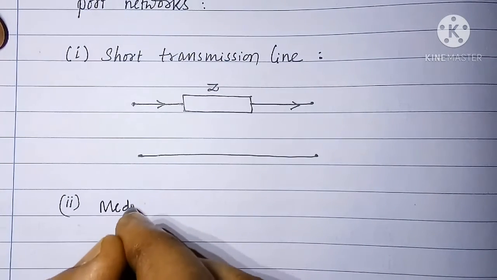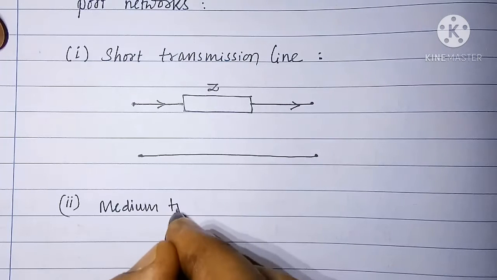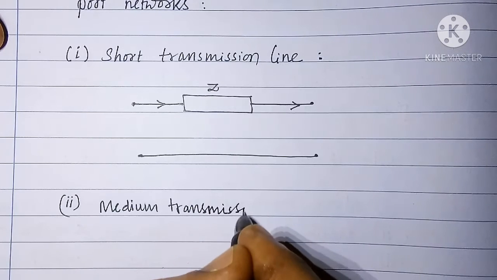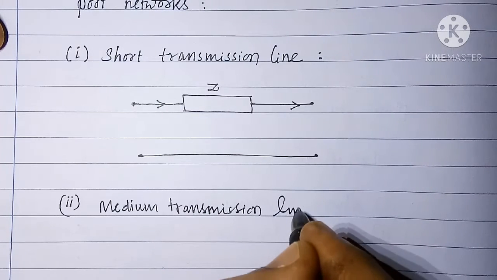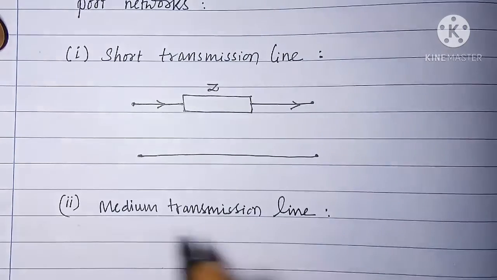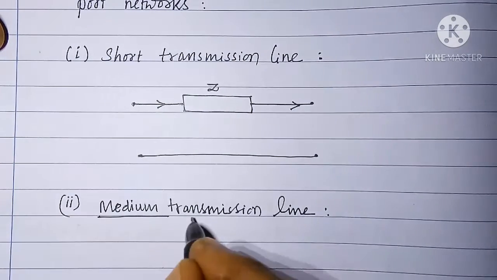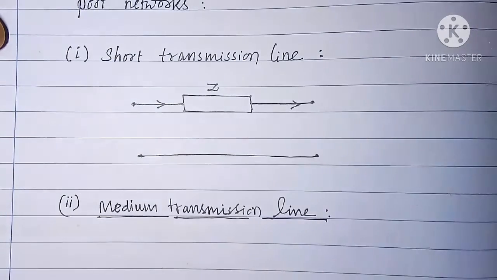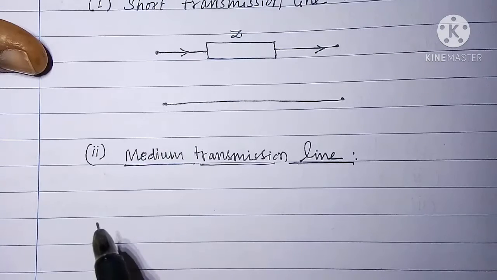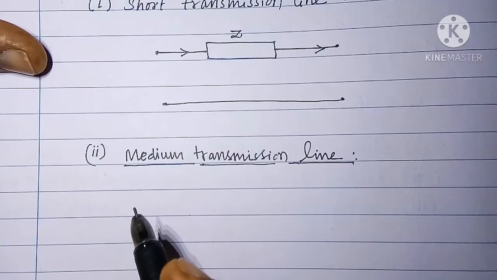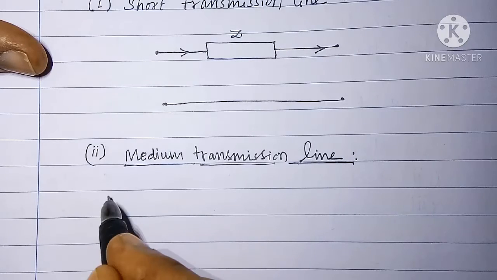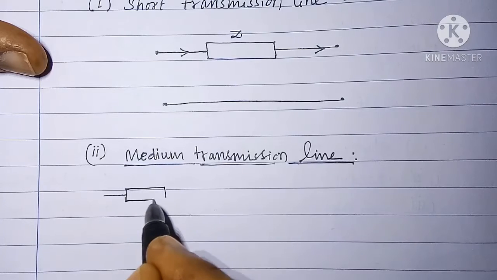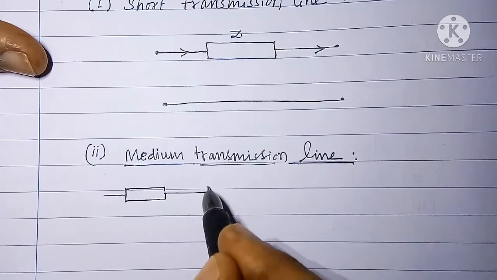Second one is medium transmission line. Medium transmission lines are represented by equivalent T network or by pi network.